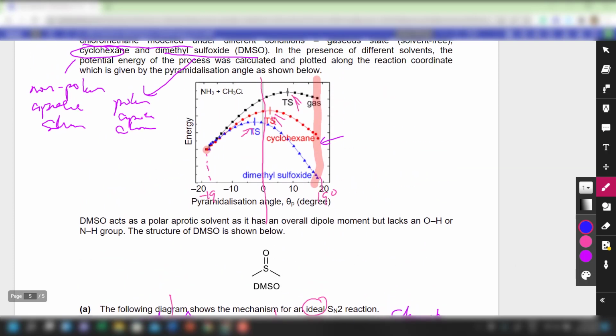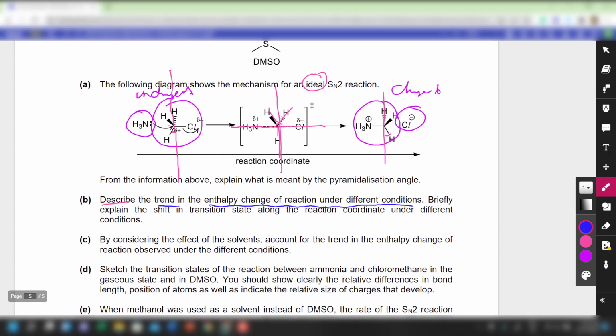What you can say is that from gas to cyclohexane to dimethyl sulfoxide, it becomes increasingly more exothermic. Or if you prefer to go the other way around, from dimethyl sulfoxide to cyclohexane to gas, it becomes increasingly more endothermic. A poor answer would say that enthalpy change becomes bigger or smaller, or greater or smaller. Such answers shouldn't be included, because enthalpy change has a sign. You have to emphasize whether it is more endothermic or less exothermic.